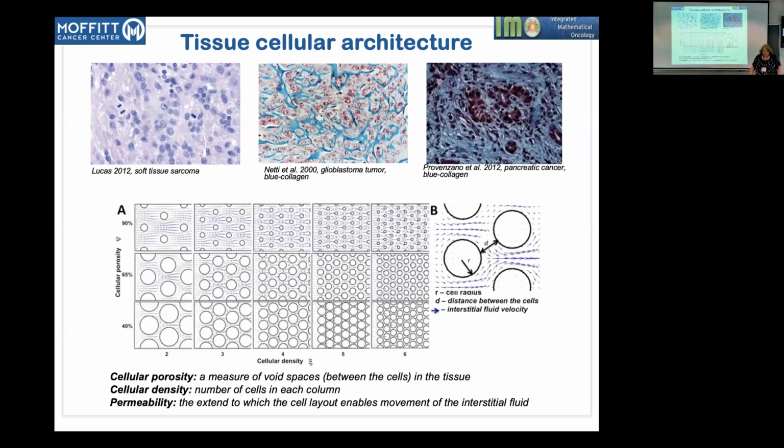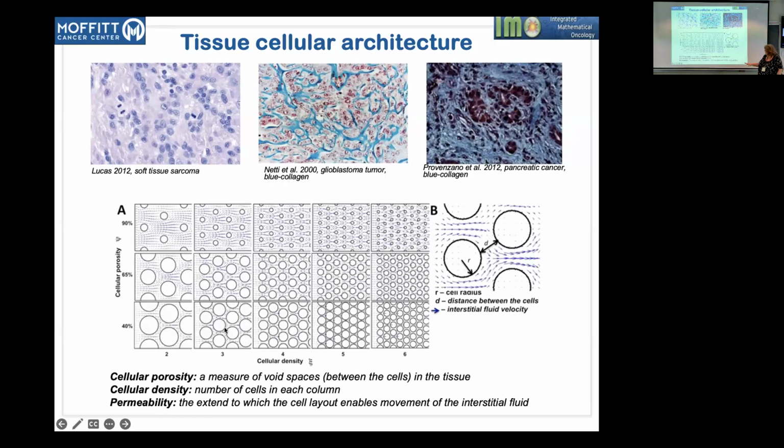So we created a set of artificial tissues. We decided to look at different porosity. Each tissue in the row has the same porosity value, and this is the area of the void space in between the cells. And then each tissue in the column has the same cellular density.